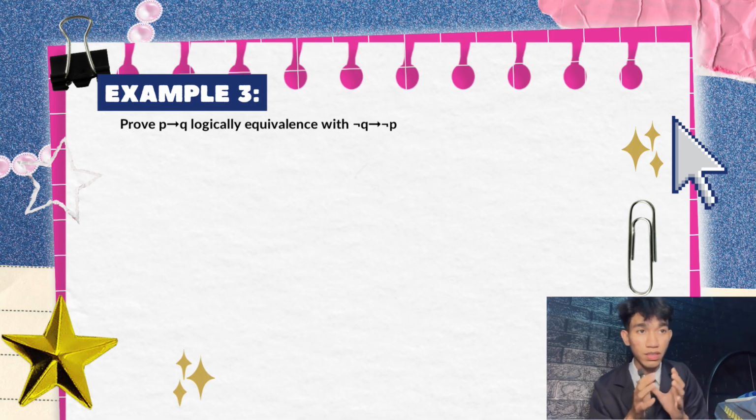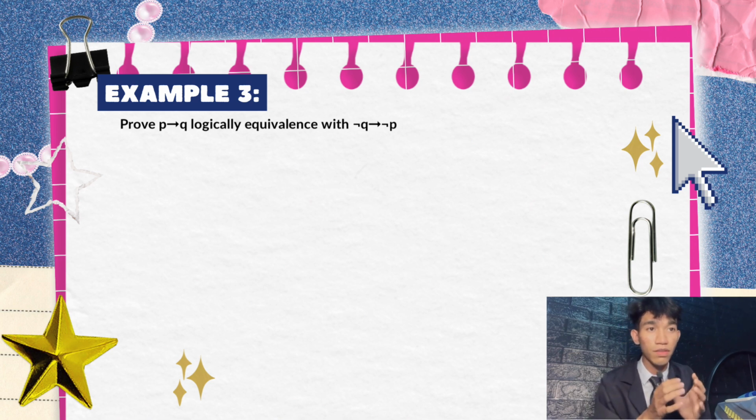We change from negation Q or negation P to negation Q implies negation P. So here you can see negation Q implies negation P is the same as P implies Q. So they are logically equivalent.